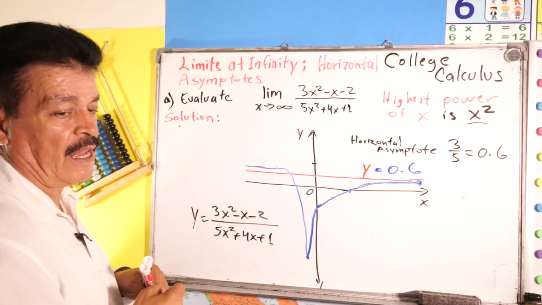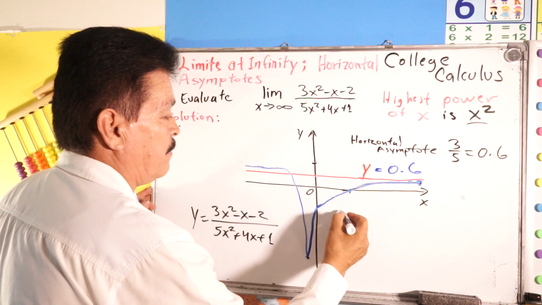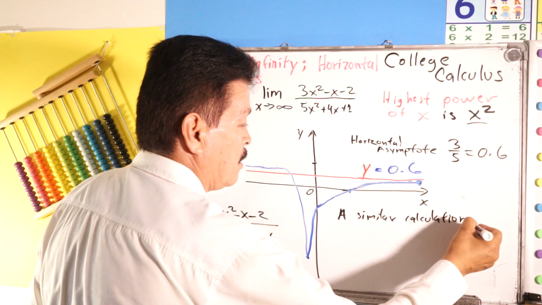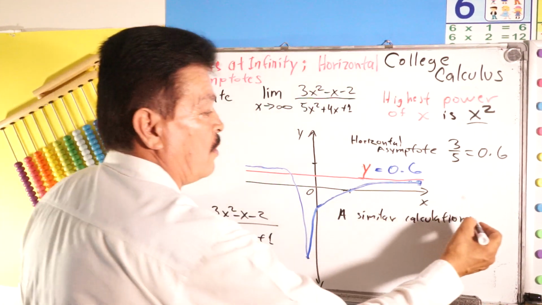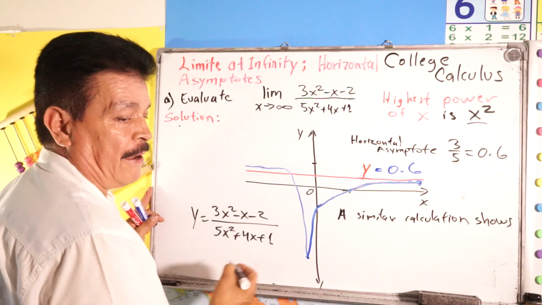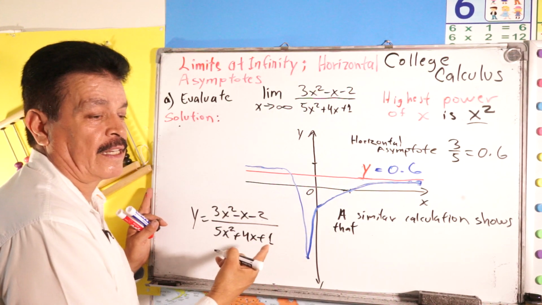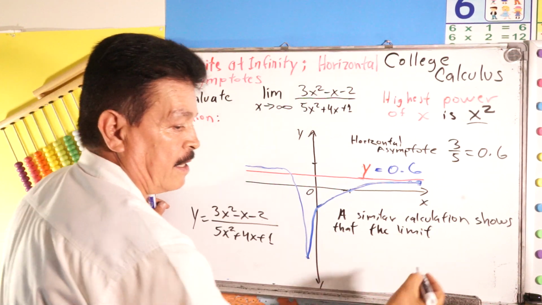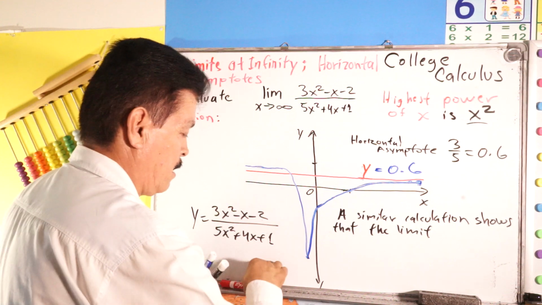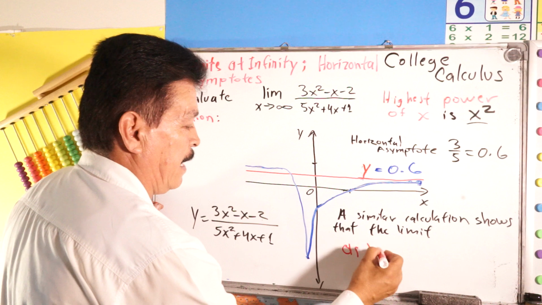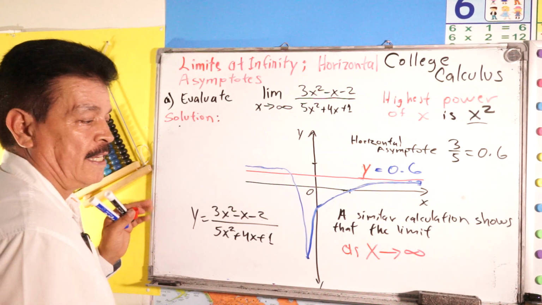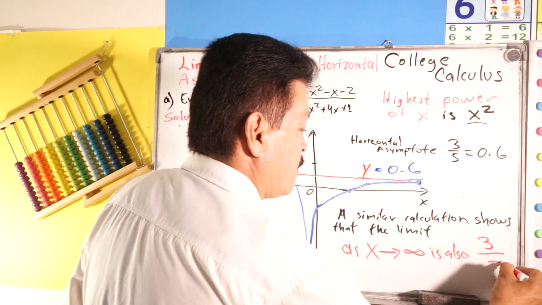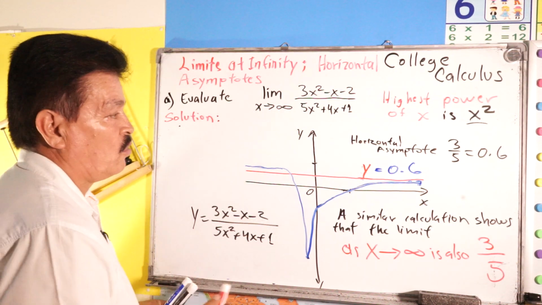Some conclusion here: a similar calculation shows, as you see in the graph, that the limit as x approaches infinity is also 3/5. This is another conclusion to our problem.